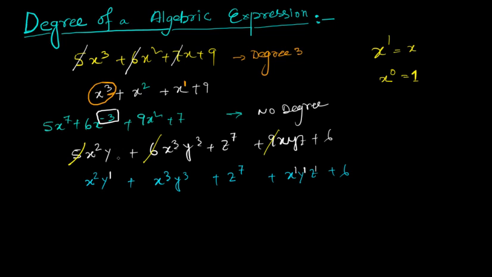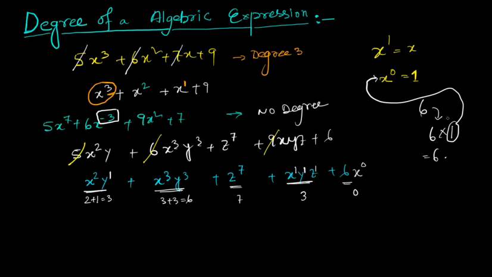Now I have to add all these powers together. For the first term, 2 plus 1 is 3. We have to take the cumulative powers. For the second, 3 plus 3 is 6. For the third term, I have 7. For the fourth term, I have 3. And for the last one, it's x to the power 0, so it has degree 0, because 6 can be written as 6 times 1, and this 1 can be written as x to the power 0.